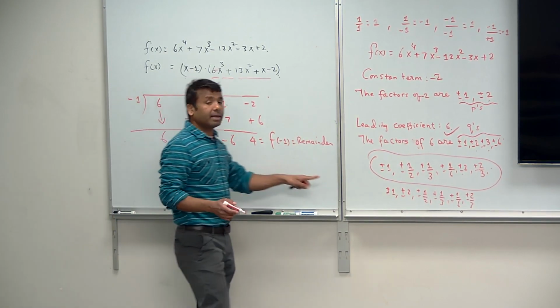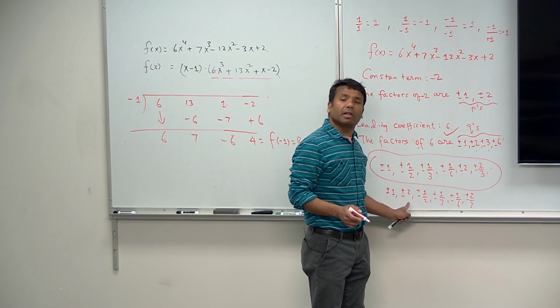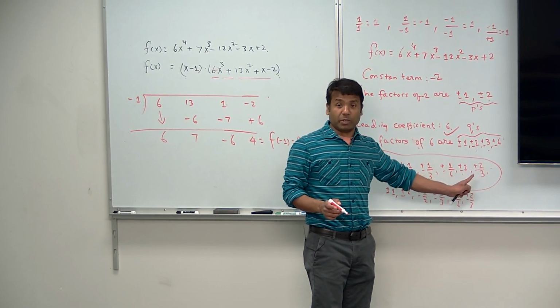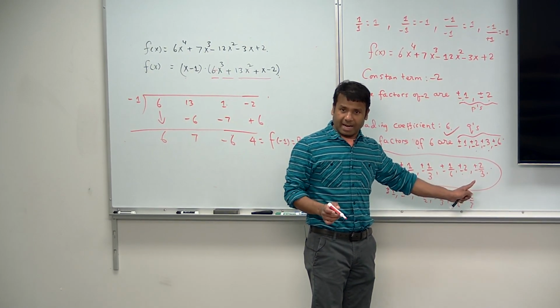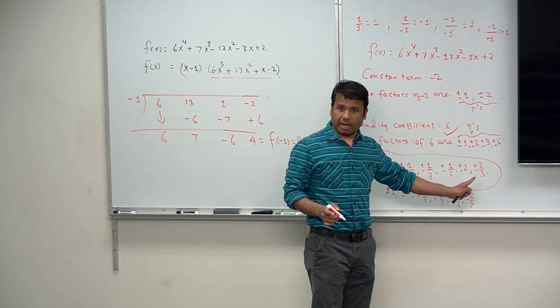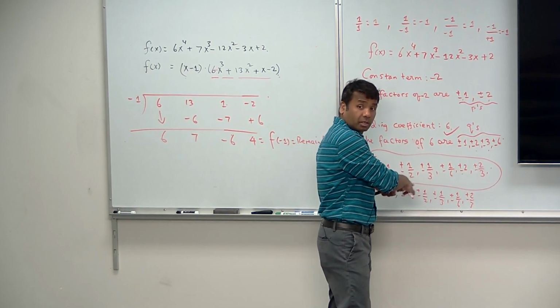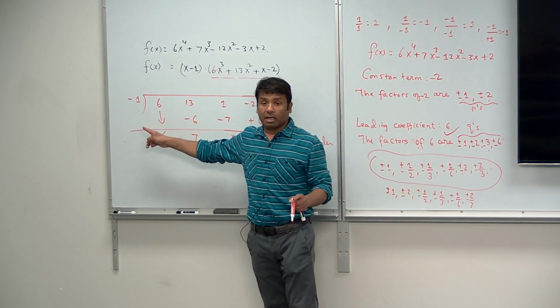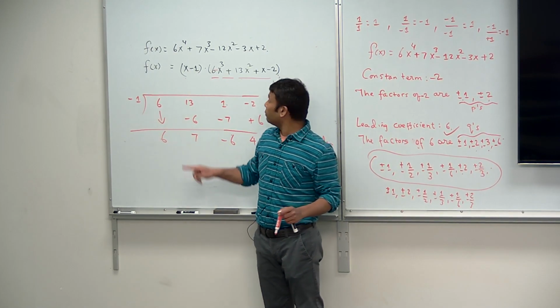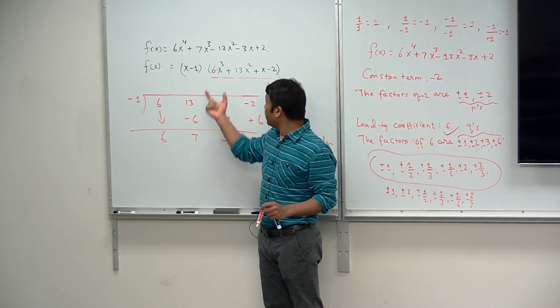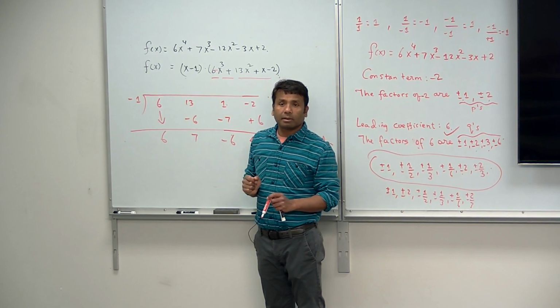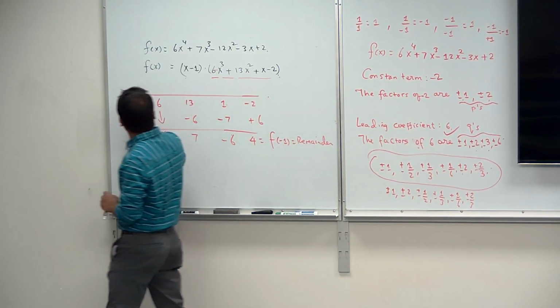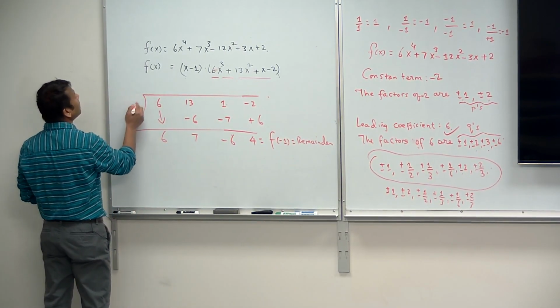However, it is on the list of the possible zeros. Right? You see what I'm talking, right? So it is on the list of the possible zeros, but it is not a rational zero of this polynomial. Right? So now let's try for what? +2, okay?